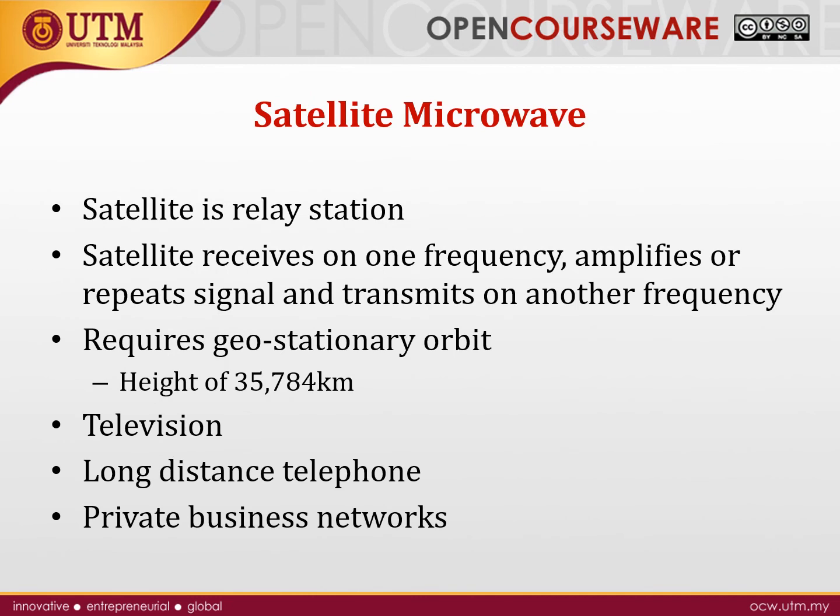And then for satellite microwave, it's actually a relay station that receives on one frequency, amplifies or repeats the signal, and transmits on another frequency, and it requires a geostationary orbit. Examples are television, long distance telephone, and private business networks.